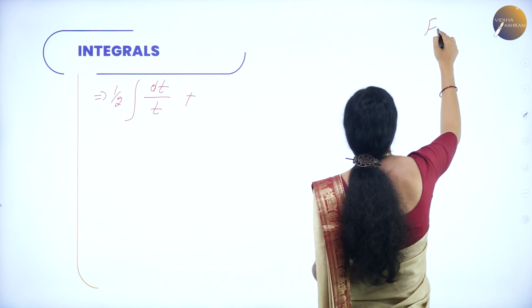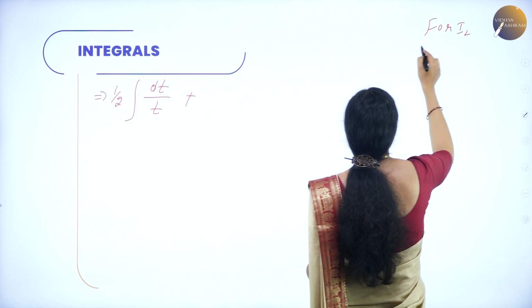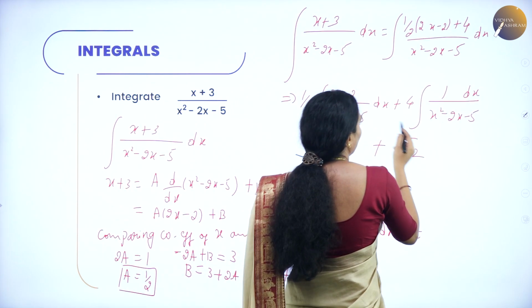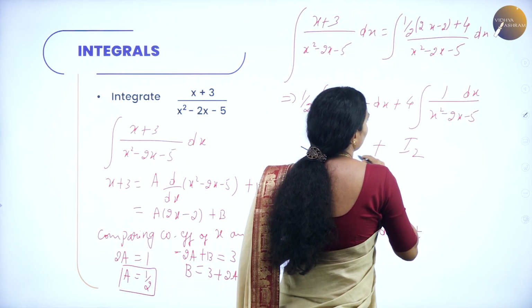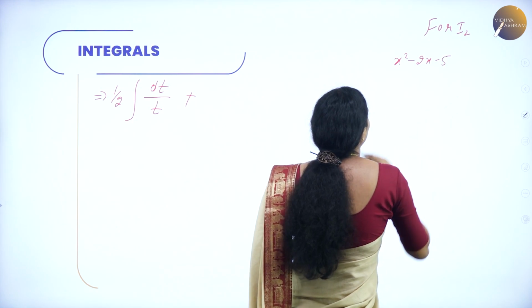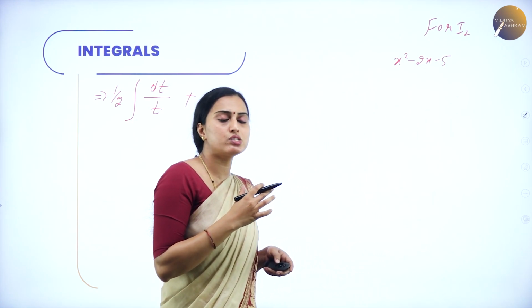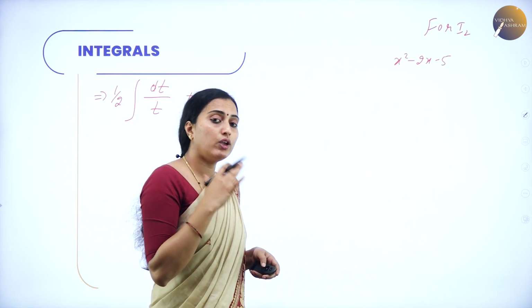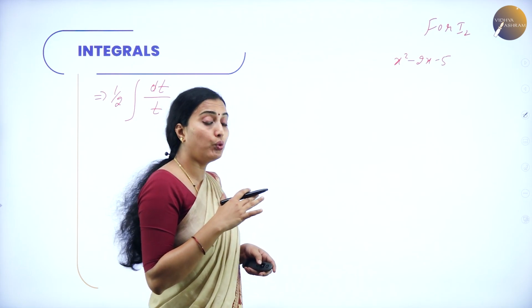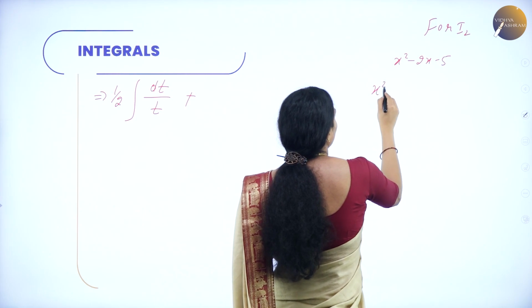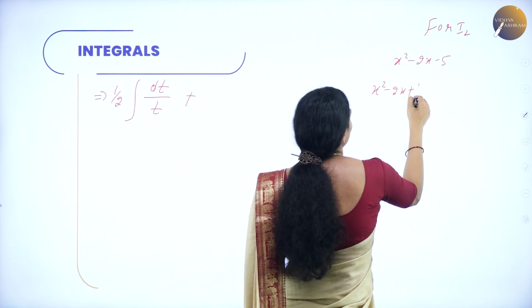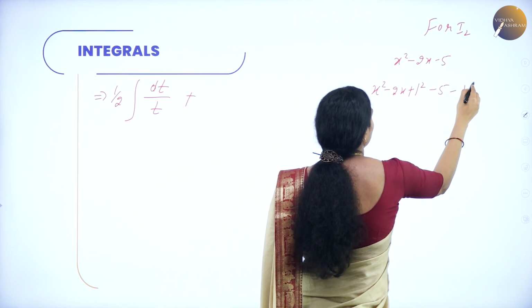For I2, the denominator is not in the form of any particular function. Therefore, taking x squared minus 2x minus 5, see the coefficient of x squared is 1. What is the coefficient of x? It is 2, half of that is 1. Adding and subtracting, x squared minus 2x plus 1 squared minus 5 minus 1 squared.